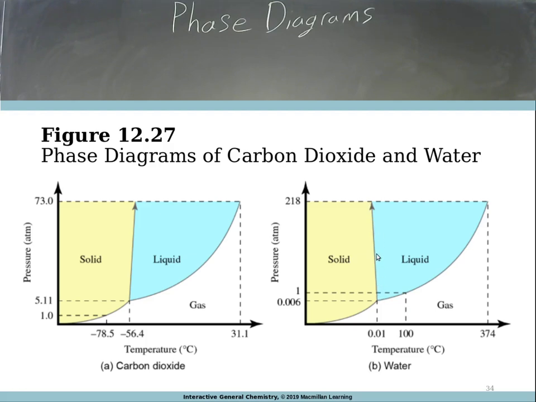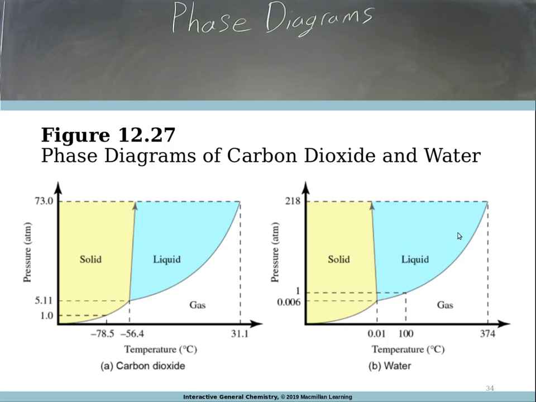It goes up and ever so slightly to the left. And that's because the solid water is less dense than liquid water. And if I start at something just below the freezing point and 1 atmosphere of pressure, and I increase the pressure, then that will actually cause a transition to the liquid phase. You can melt ice by squeezing it, even if you keep the temperature constant, which is pretty interesting.